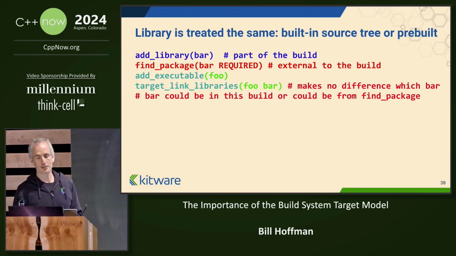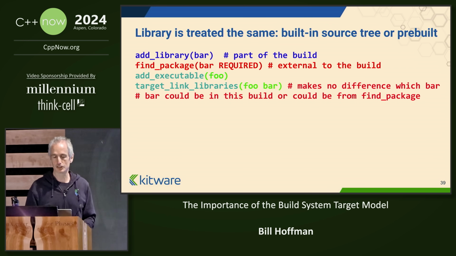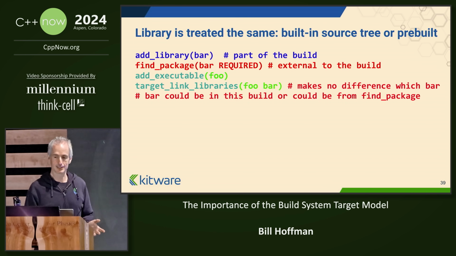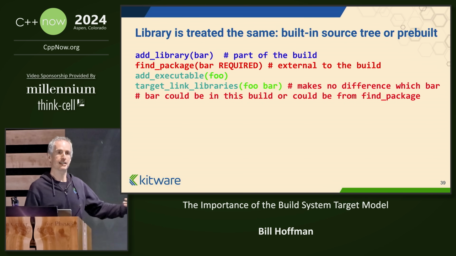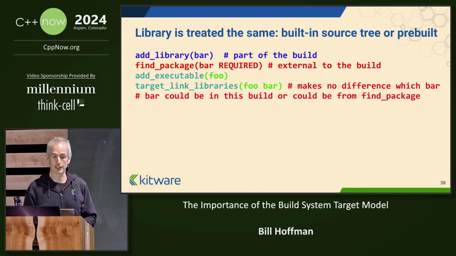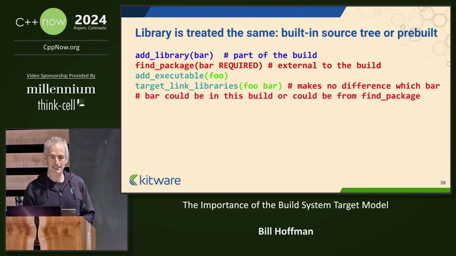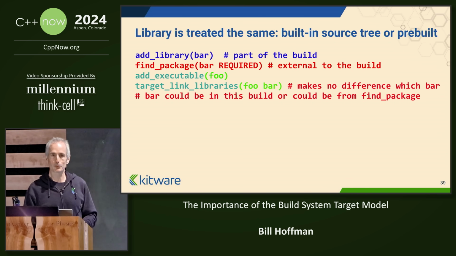Another important part of modern target-based CMake is that a library is treated the same if it's built within your project inside the same source, or if it's been pre-built by another generation of CMake and installed somewhere. So at the top, either the blue or the red could work.